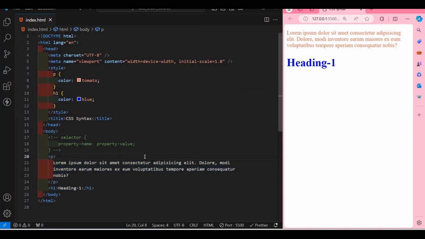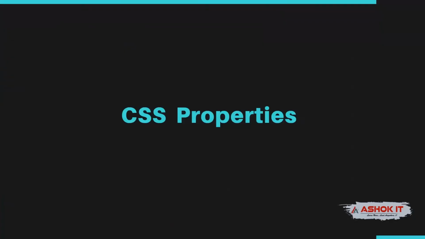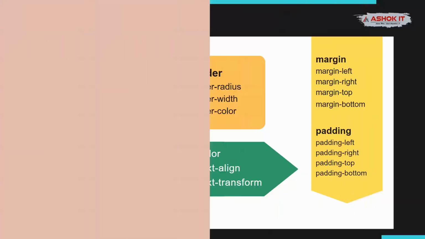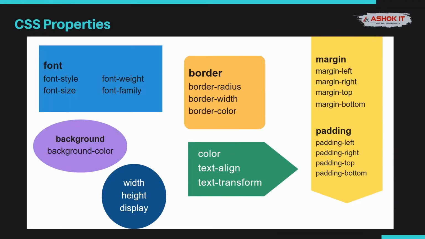Now let us move forward to the next section, which is CSS properties. These are the CSS properties you need to know before even starting working on CSS. Under the font group, you have font style, font size, font weight, and font family. Font style will control whether the text should be italic or oblique.